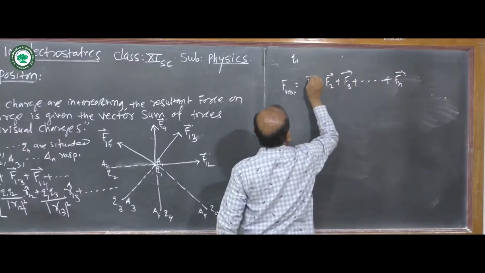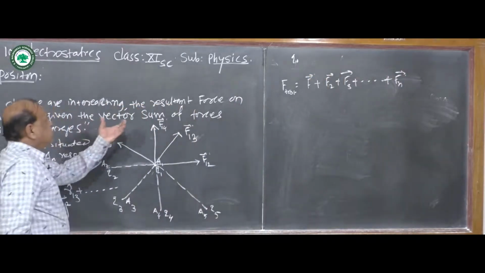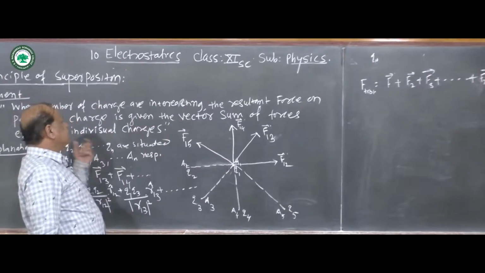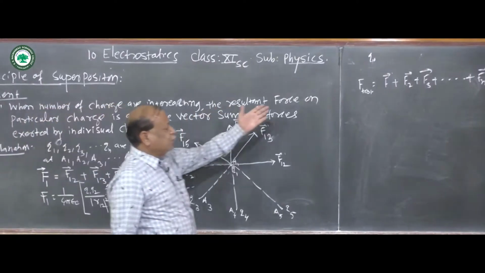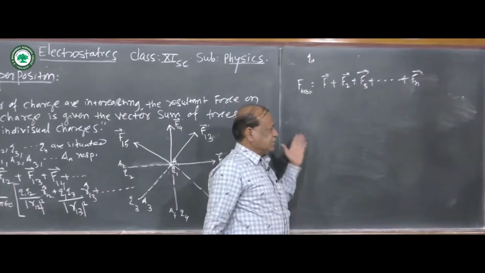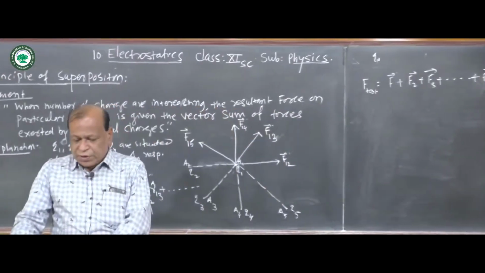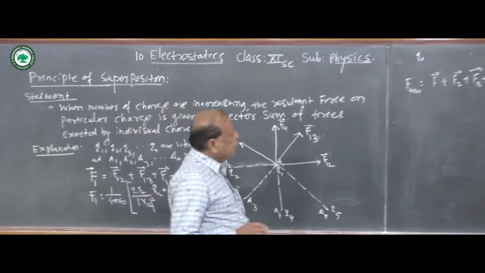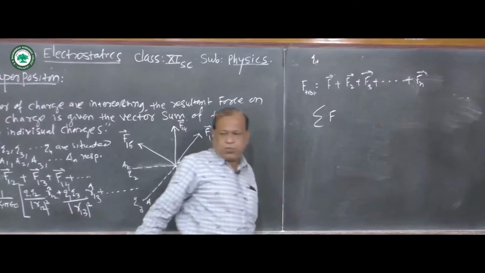In this way the resultant force on a particular charge is given by the vector sum of forces exerted by individual charges.